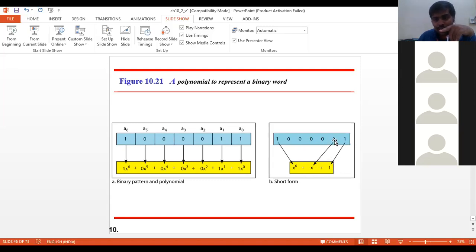Next, 1 into x to the power 1, that is x. Then the last one, 1 into x to the power 6, that is x to the power 6. This we call a shortcut. So finally, the polynomial representation for this data word is x to the power 6 plus x plus 1. Is it clear how to represent your digital data as a polynomial?